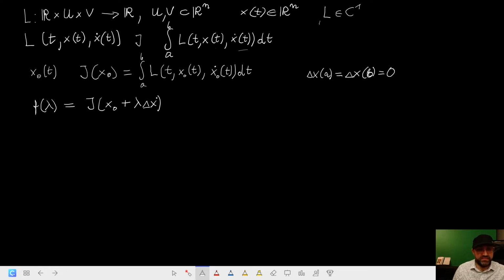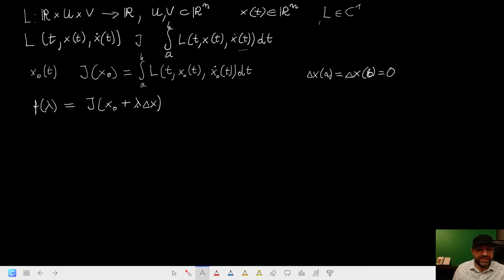Which is simply, if x0 is a trajectory and delta x is a kind of trajectory, x0 plus lambda times delta x will be again a trajectory.